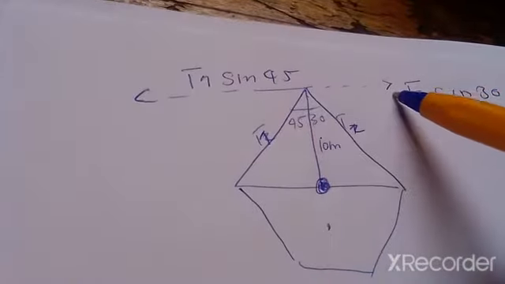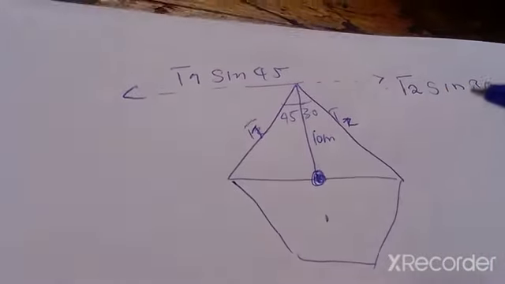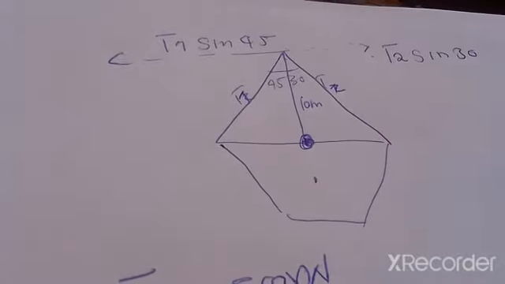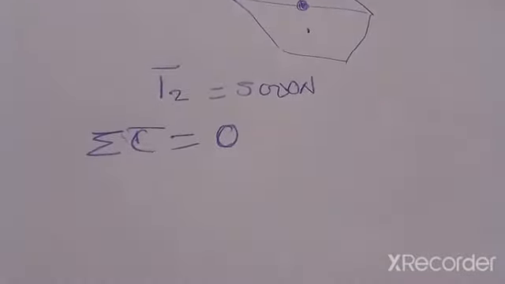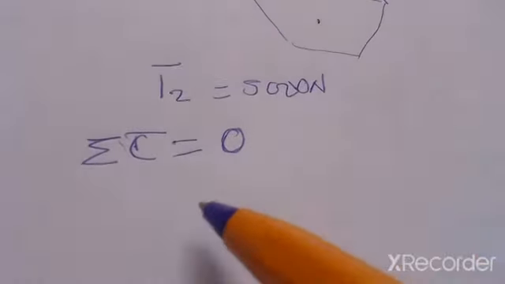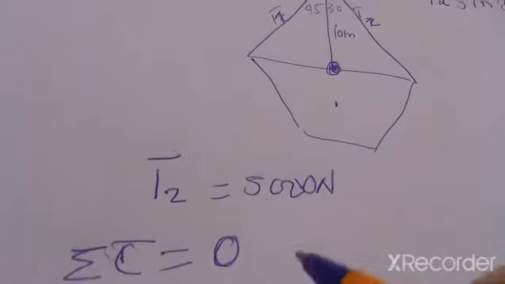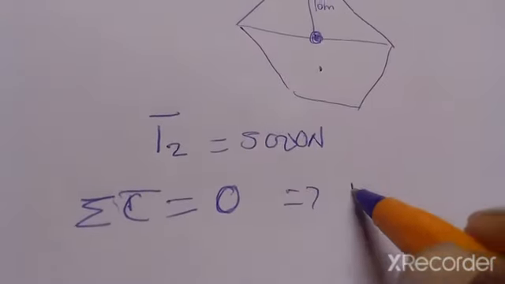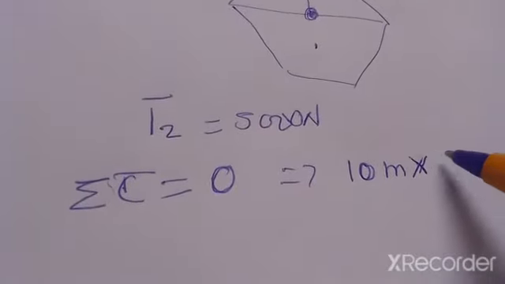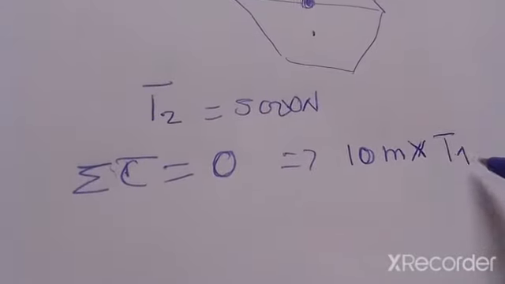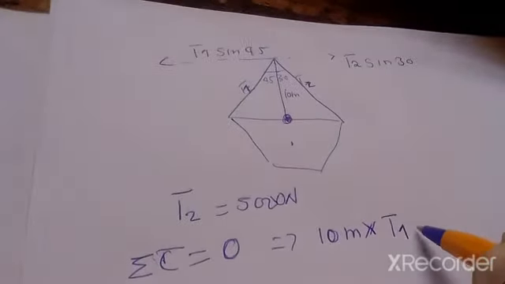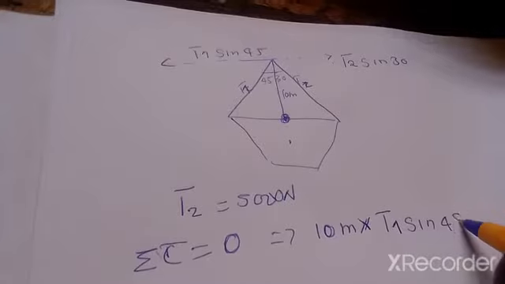Taking the torque about this point, the perpendicular distance is of course 10 meters multiplied by the first force, T1 sine 45.